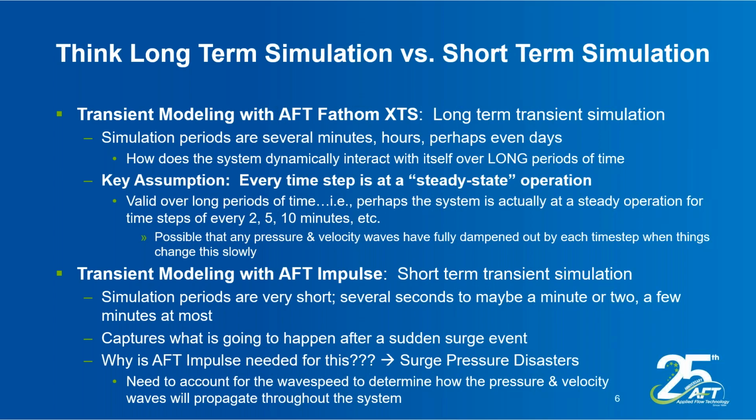Just like a traffic jam, where the first few cars come to a sudden stop, and then all of a sudden the traffic gets all backed up and everybody else has to slow down, it's the same thing here. The entire fluid inside the pipe does not stop flowing at the same time, and you have a pressure surge that passes and communicates back through the rest of the system. That's what Impulse is going to do for you.